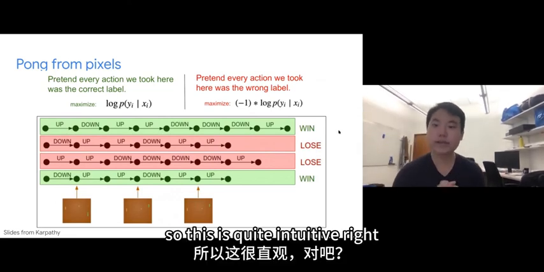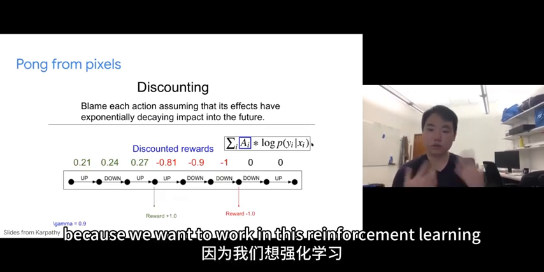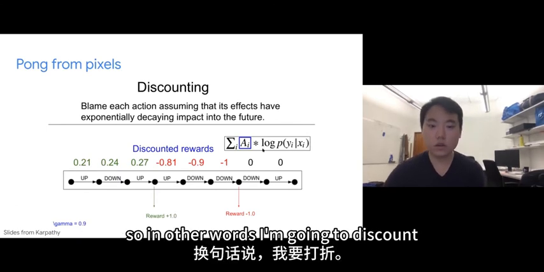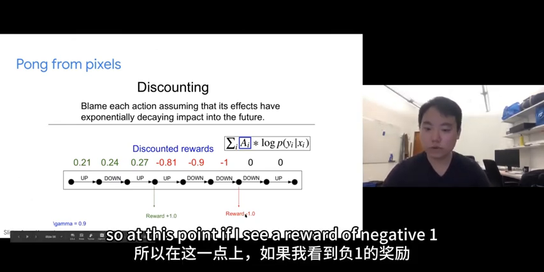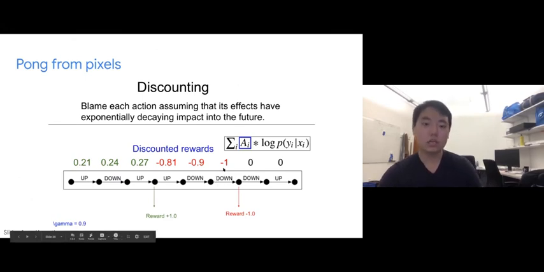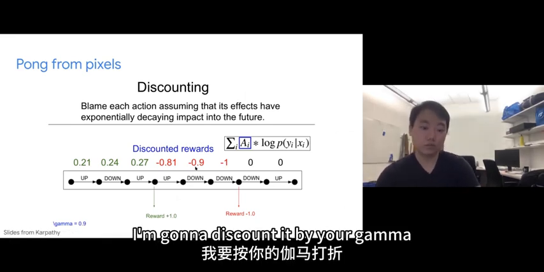So it is quite intuitive, right? And because we want to work in this reinforcement learning setting, we're going to incorporate discounted rewards. In other words, I'm going to discount rewards into the past. So at this point, if I see a reward of -1, then the immediate action that I just took will be scaled by -1. But previous actions, I'm going to discount by your gamma.